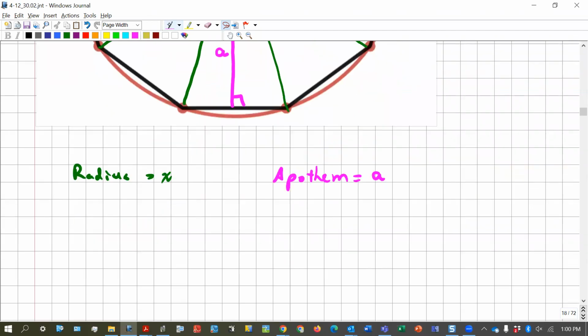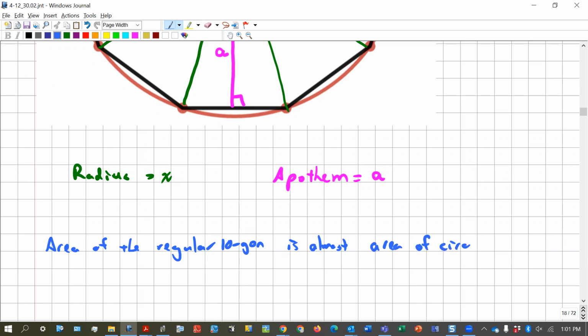And the idea is that the area of the regular decagon is almost the area of the circle.